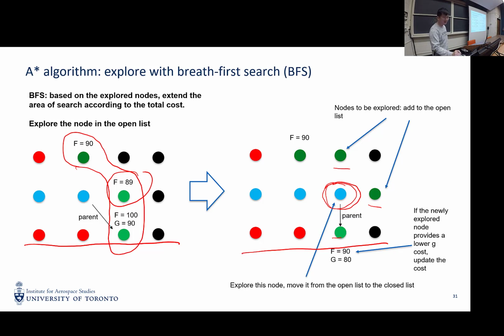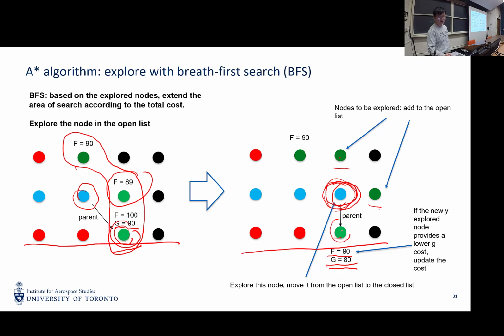Because before the update, the parent of this neighbor was this node, which has a G cost of 90. And if we explore this node and somehow find the G cost is 80, which means that it has a lower G cost, we're going to perform some kind of rewind process. We're going to update the G cost and also the F cost based on the newly explored node.